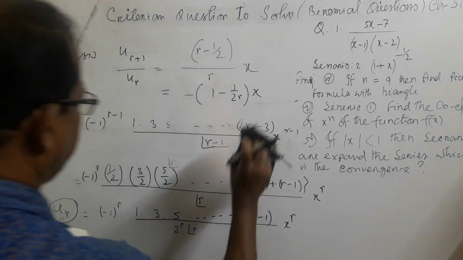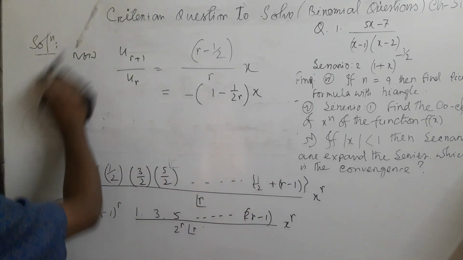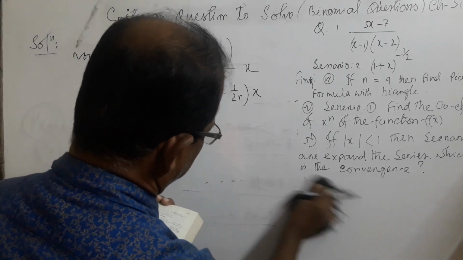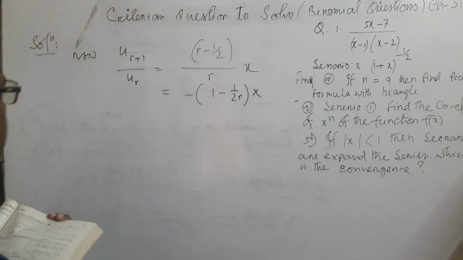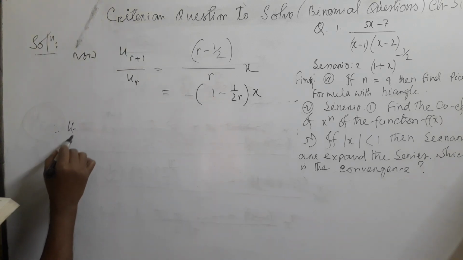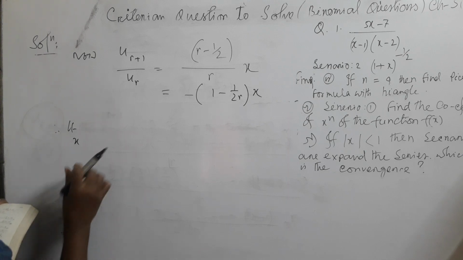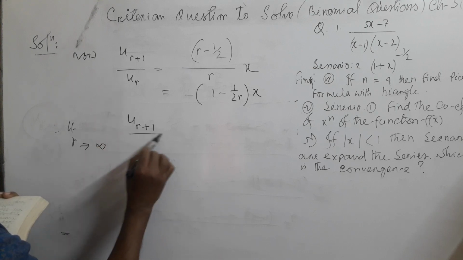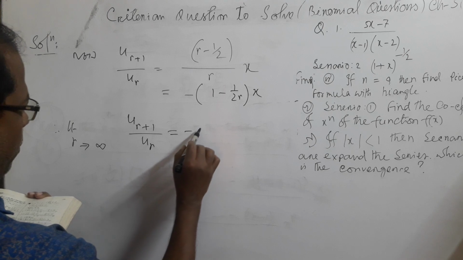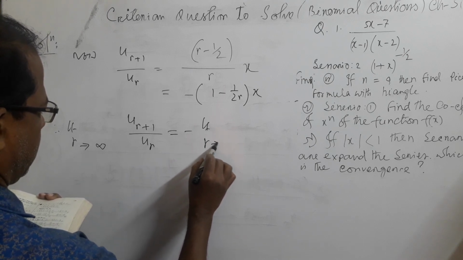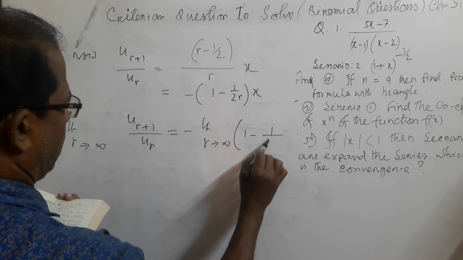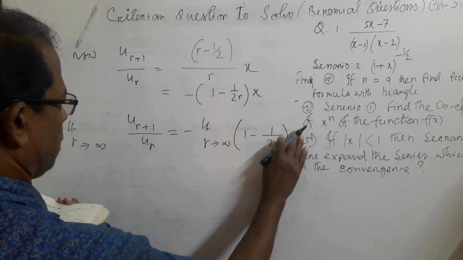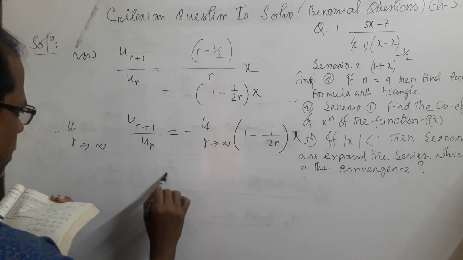So this is the ratio of two terms, u r plus 1 and u r. So limit r tends to infinity of u r plus 1 divided by u r equals minus limit r tends to infinity of 1 minus 1 by 2r into x.